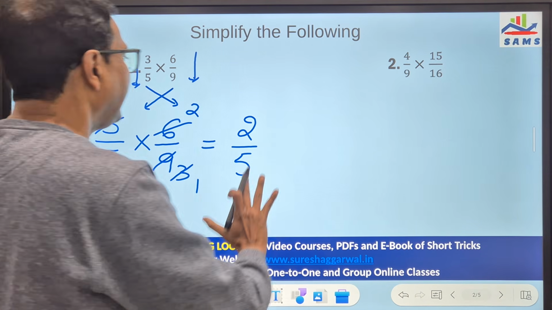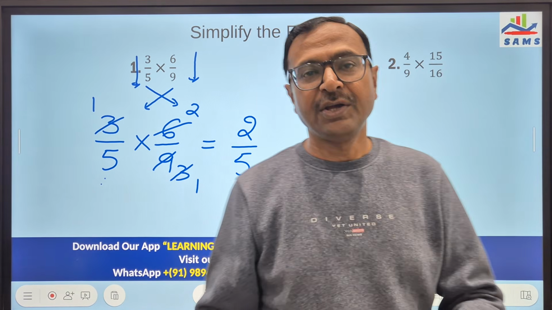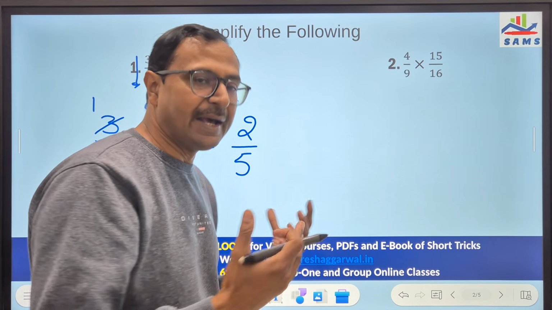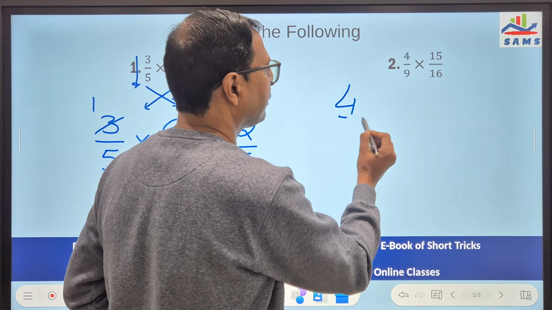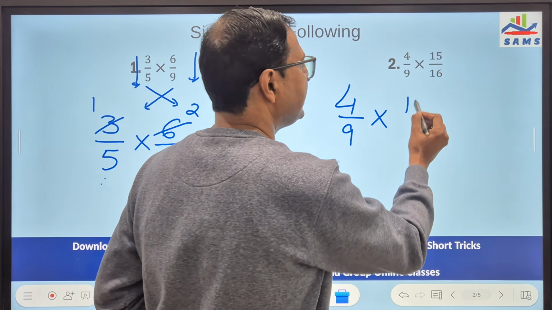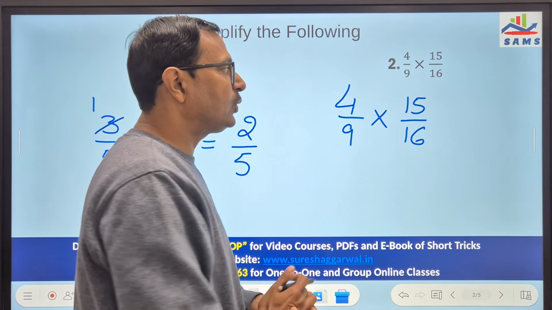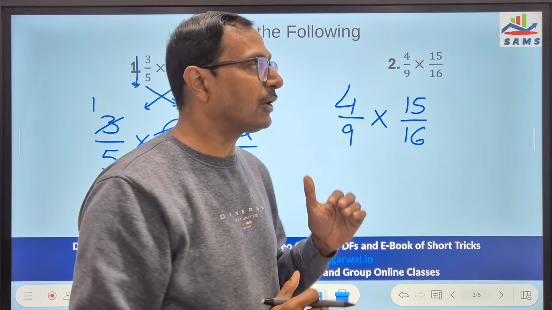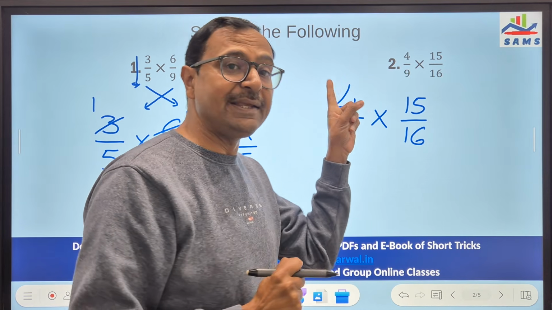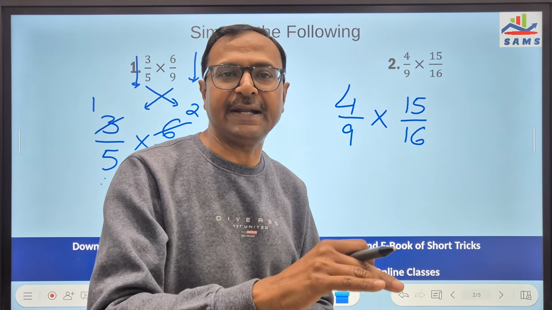So this is like elementary thing, and once you know the elementary stuff, you get used to the higher difficulty level problems also. Like here you have 4 by 9 and 15 by 16 which are to be multiplied. So what do we do here? Either you can cancel between 4 and 16, you have a common factor 2. So if you are not able to identify the highest common factor, then you should be able to identify the common factor at least.